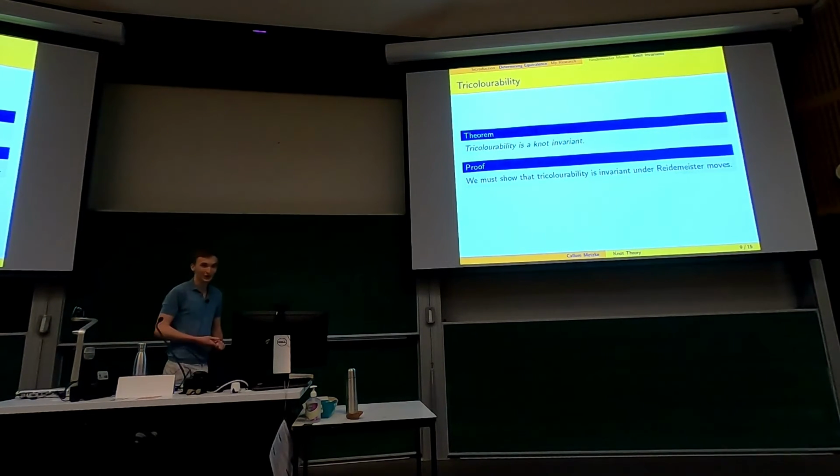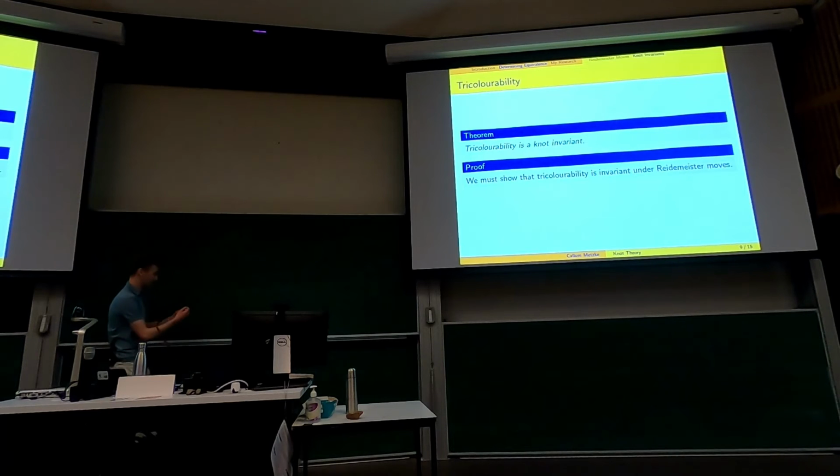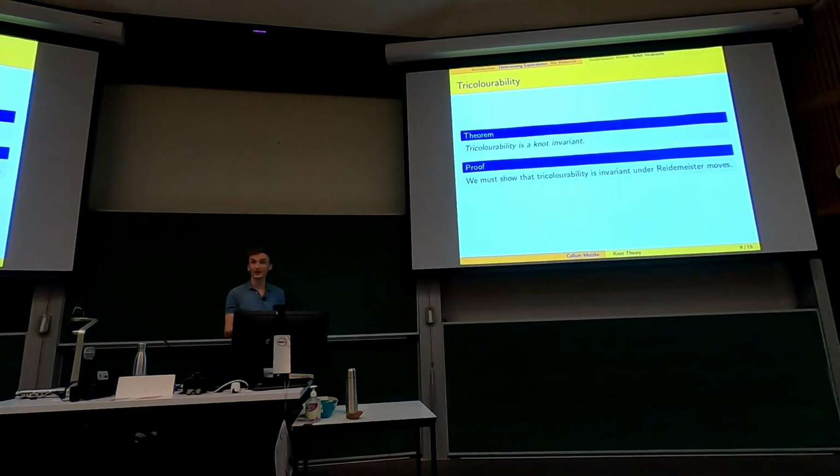Now, what have we just shown? You might recall that yes, the unknot was not tricolorable, because I can only use one color, but the tricolor knot was. But because tricolorability is an invariant, that means that the unknot and the tricolor knot cannot be equivalent.